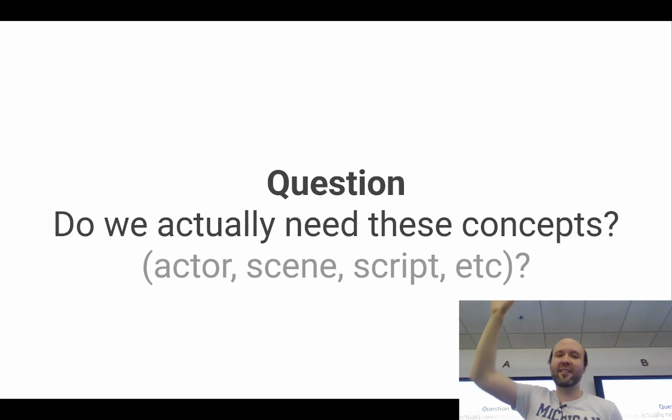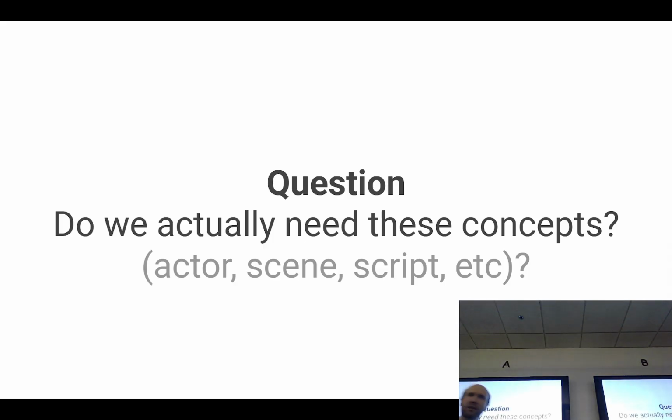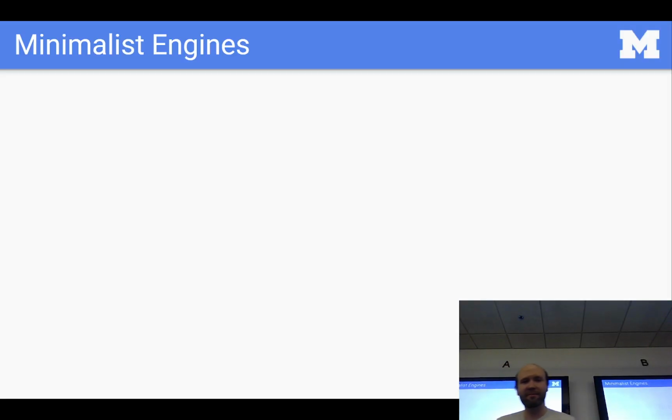Oh yeah, okay. Do we need all those big features and abstract concepts that the integrated engine gives us? The modern, big, flashy, romantic, integrated engine. Do we need actors, scenes, scripts? Do we need a collision editor? Do we need an animator built into the engine right there for us?